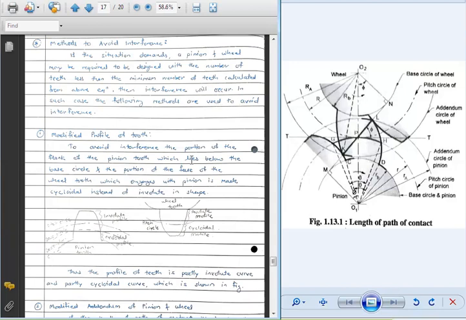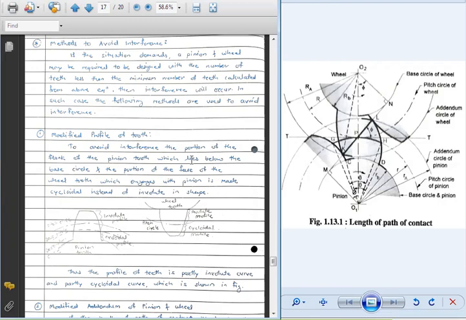Means what? If we have obtained the minimum number of teeth for the pinion as well as for the wheel, but still we are not in a position to meet those requirements, and those minimum numbers of teeth are not there, then interference will be there.